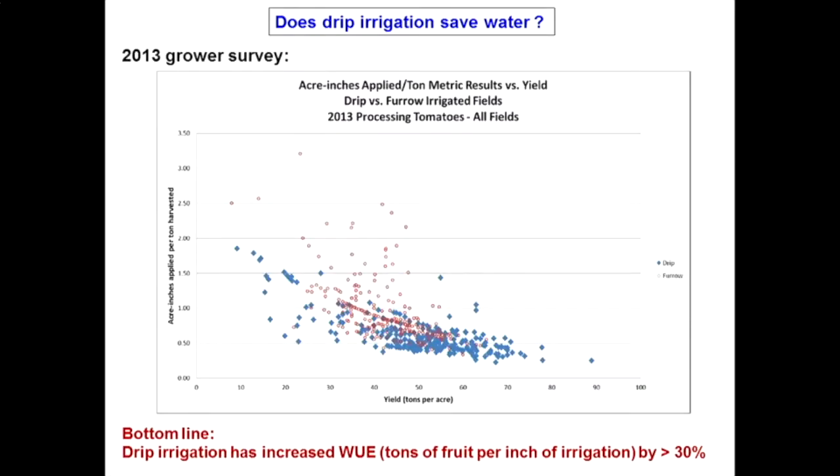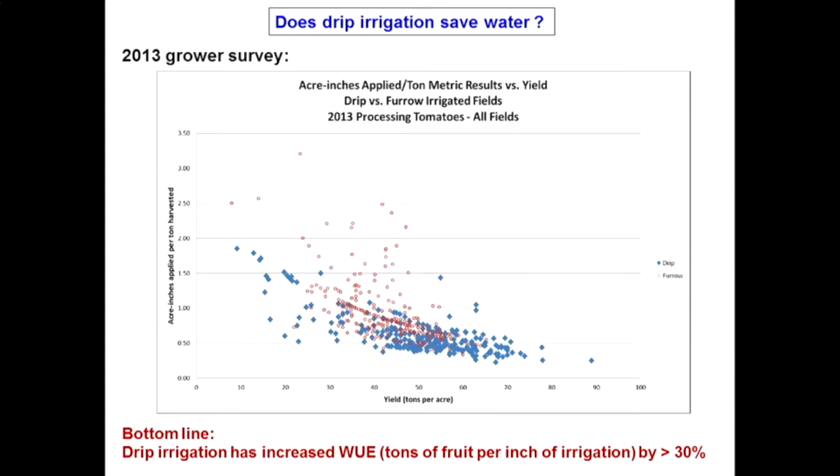Okay, and here's Tim Hartz, who did a survey apparently of growers in California, and the red dots are looking at furrow irrigation, and the blue dots are drip irrigated systems. And the bottom line for me is this: when we look at these high yields on this axis, and water use in inches per ton of fruit, what we can see is that these high yields are very concentrated.